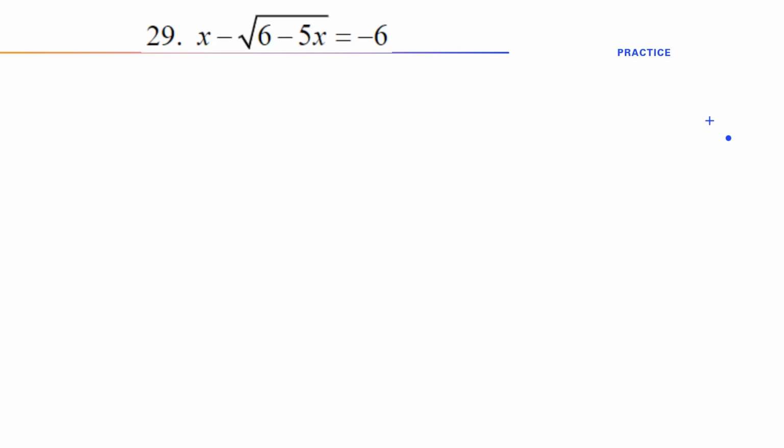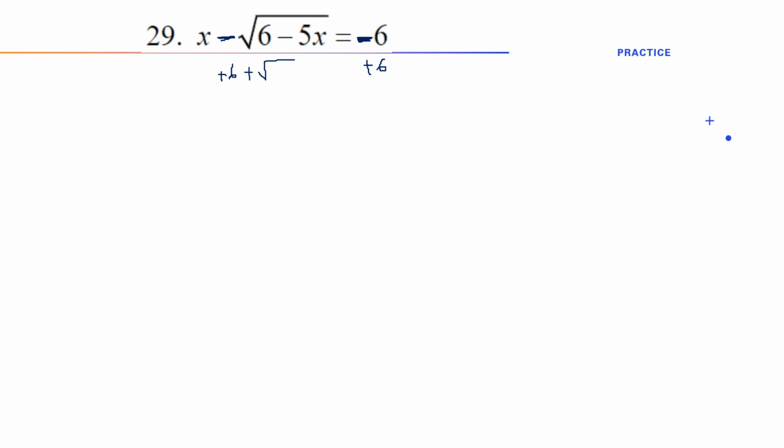Now I see the negative on the left hand side, the negative square root of 6 minus 5x. And on the right hand side I have the negative as well. So I will switch the side, right? I will add 6 this side, add 6.